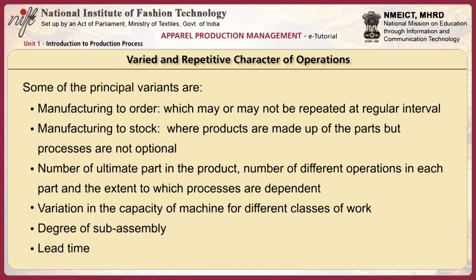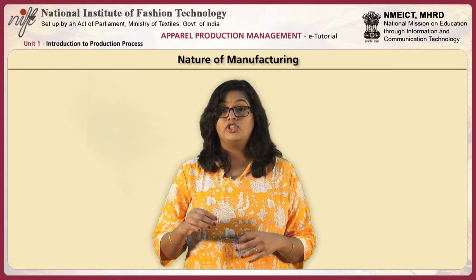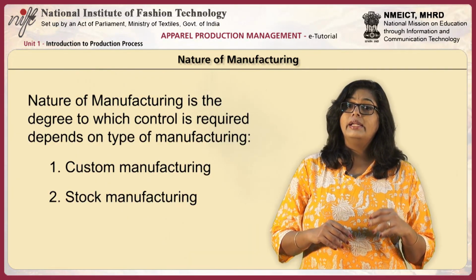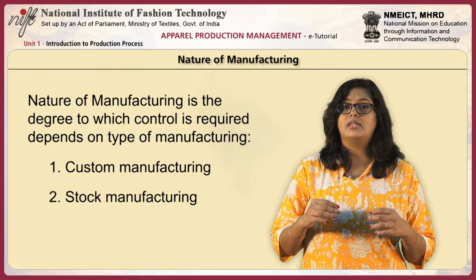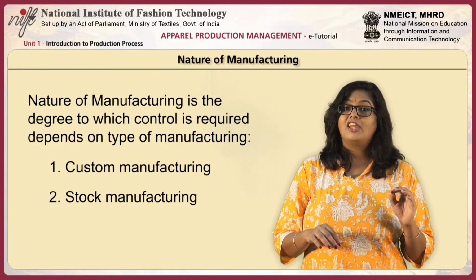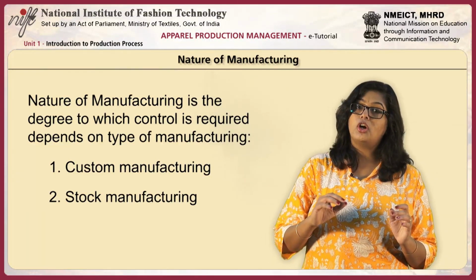Degree of subassembly, and finally lead time. Let us try to understand the nature of manufacturing. Degree to which control is required depends on the type of manufacturing, like we mentioned before, custom manufacturing or stock manufacturing.